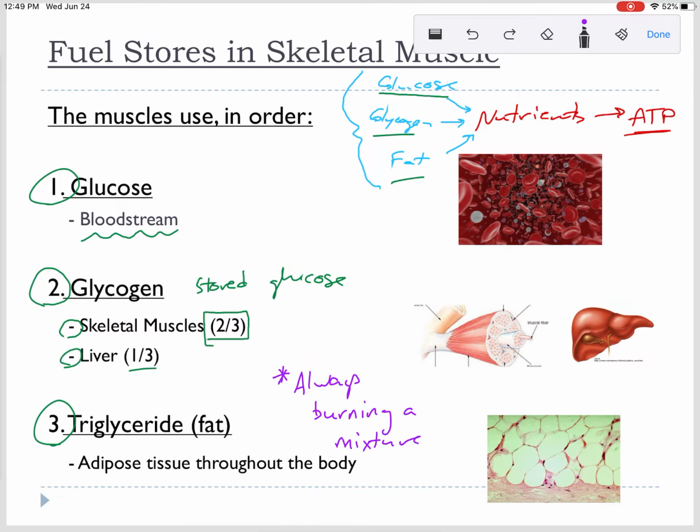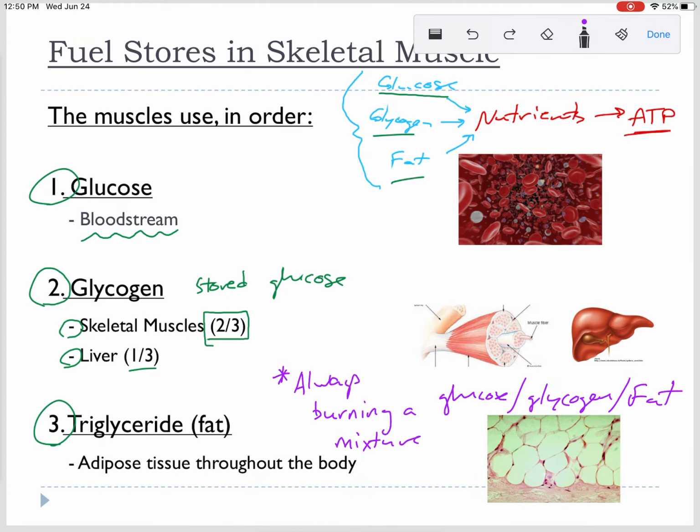So if you go for a jog for 5 minutes, you're burning a glucose, glycogen, fat mixture. Your muscle cells are utilizing all of the above, which is a good thing.